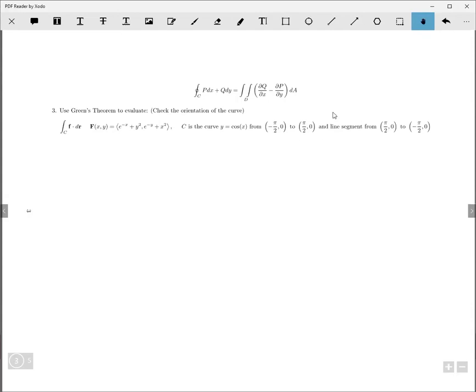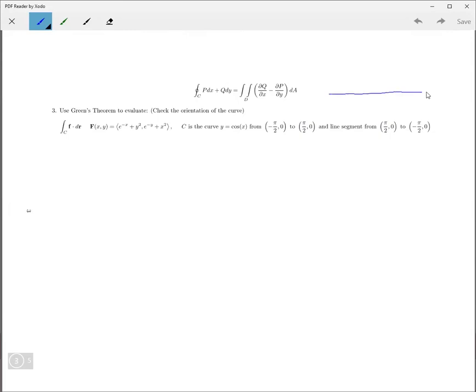So here, C is the curve y equals cosine x from negative pi over 2, 0 to pi over 2, 0. And then the line segment from pi over 2, 0 to negative pi over 2, 0. This is what it looks like.